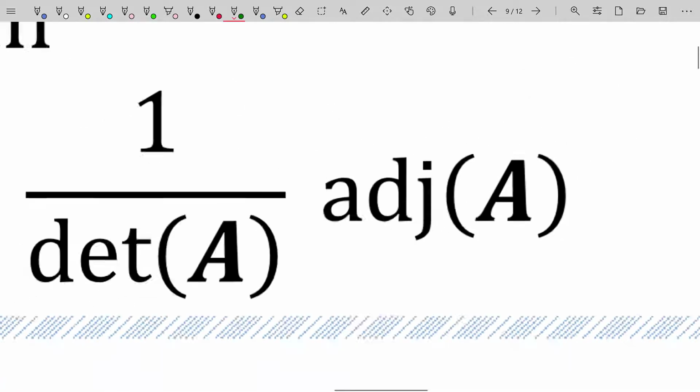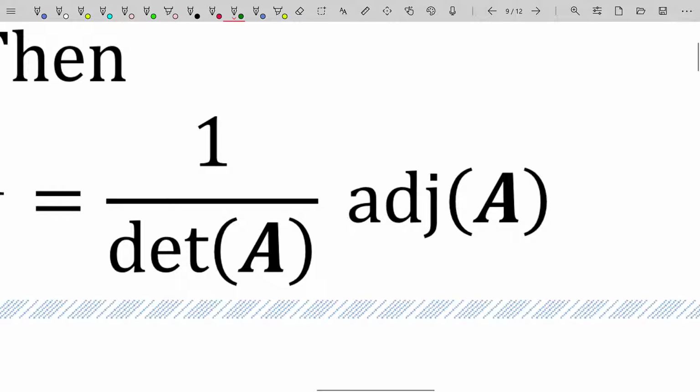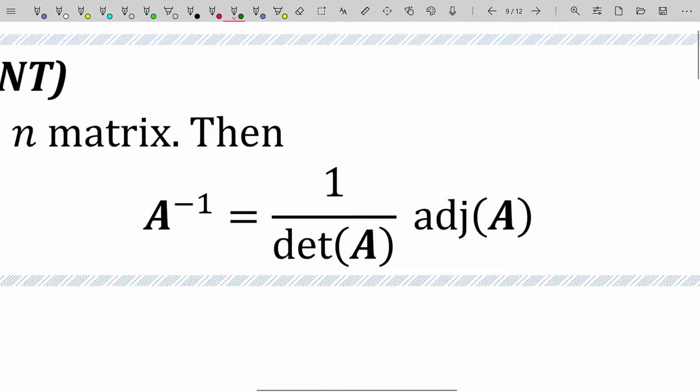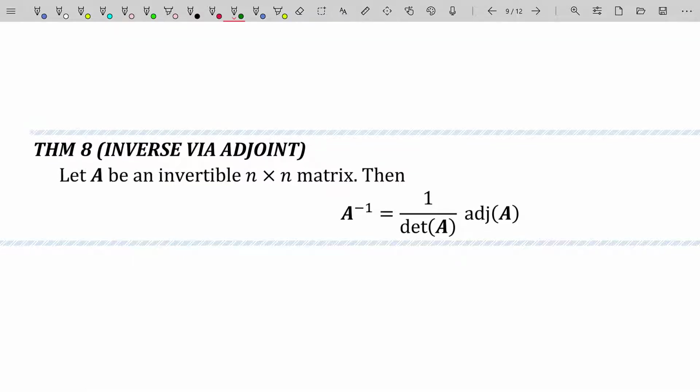So the punchline is that this requires a lot of determinant computation. We'll still go ahead and do it, but I just want to give you a heads up that that is the reason why this is not such an advantageous way to compute the inverse.